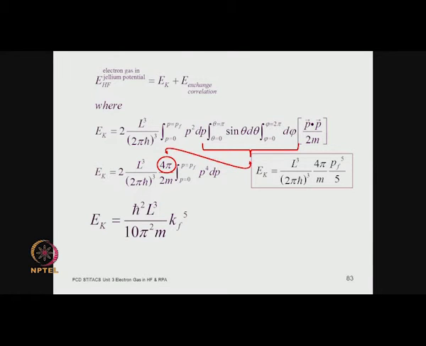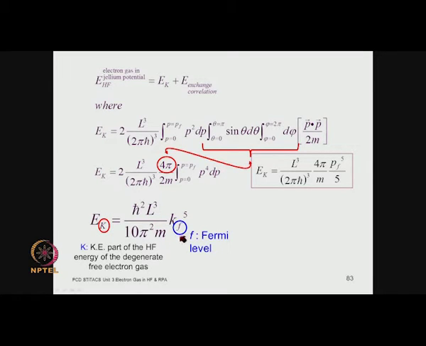You have got 2 pi h cross to the power 3, and then you had p to the power 5. So, there was an h cross to the power 5 sitting over here. So, that is what leaves you with h cross to the power 2. So, when you take care of all of these terms, this is what you get for the kinetic energy part.